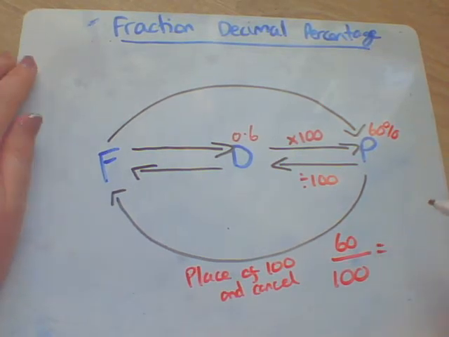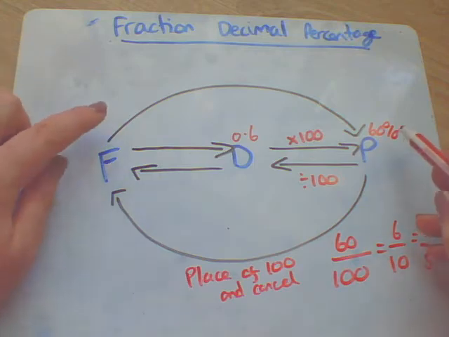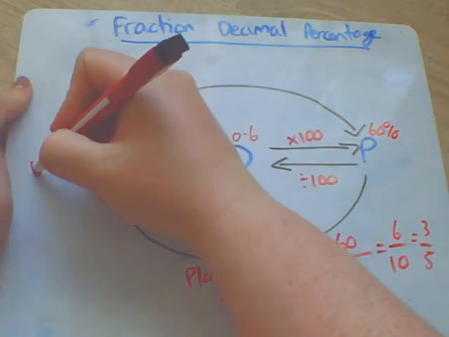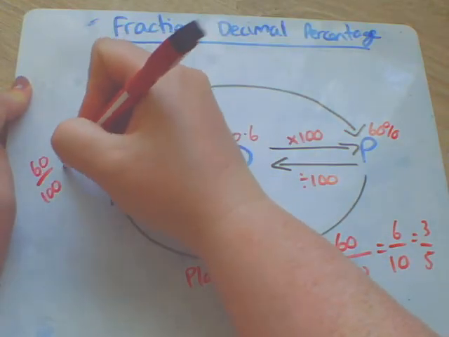You could do tens, twos, I'm going to do tens. So if I divide top and bottom by 10, that's going to be 6 over 10. If I then keep going and divide both of these by 2, that becomes 3/5. So the fraction version of 60% is 3 over 5, or 60 over 100 if you want the unsimplified version.